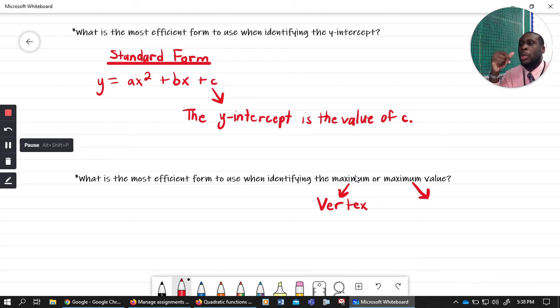The maximum value is, remember, the y value of the vertex, or the function value at the maximum. But again, in layman's terms, it's the y value of the vertex.